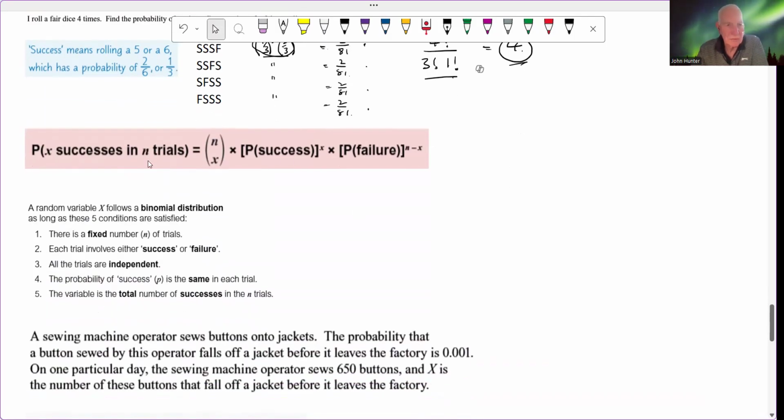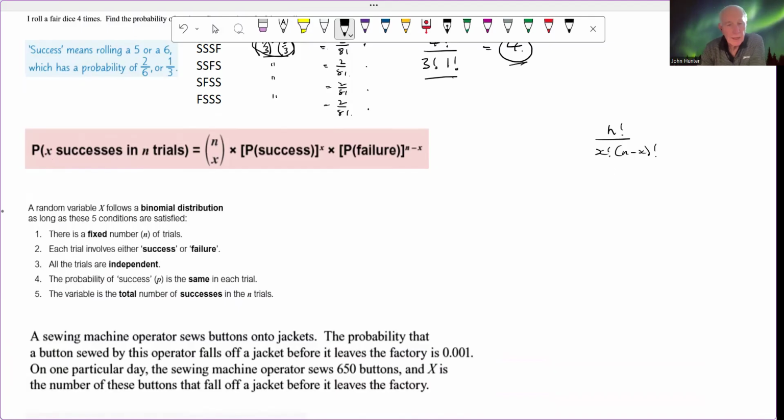So here's a kind of little formula for this. The probability of X successes in N trials is going to be N choose X, which of course is N factorial divided by X factorial times N minus X factorial, times the probability of success to the power of X and the probability of failure to the power of N minus X. That's exactly what we did in this example.